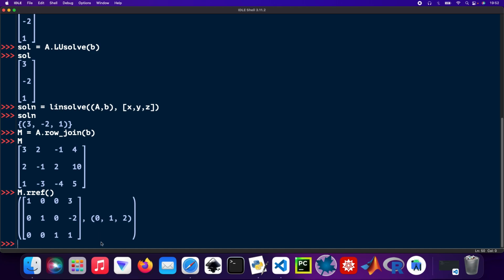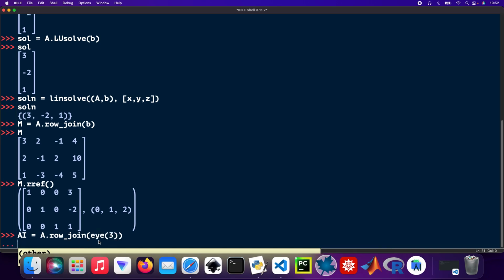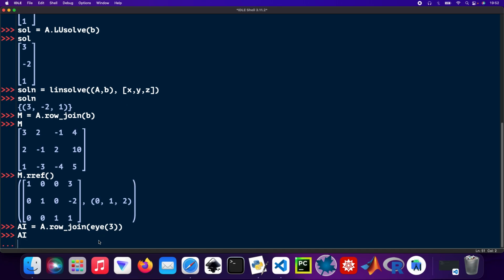Okay, let's do it another way. So just finding the inverse and all that. So AI, so that'll be A dot row join the I3, also AI.